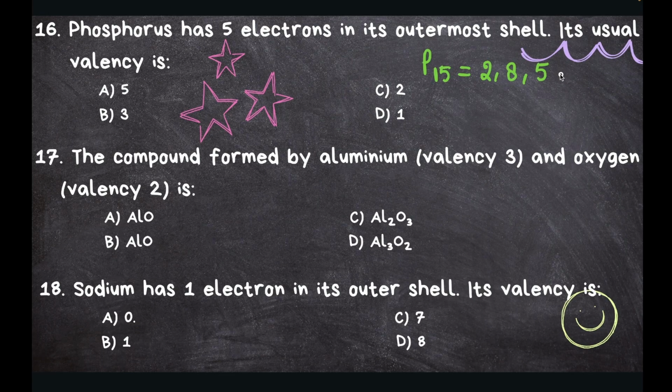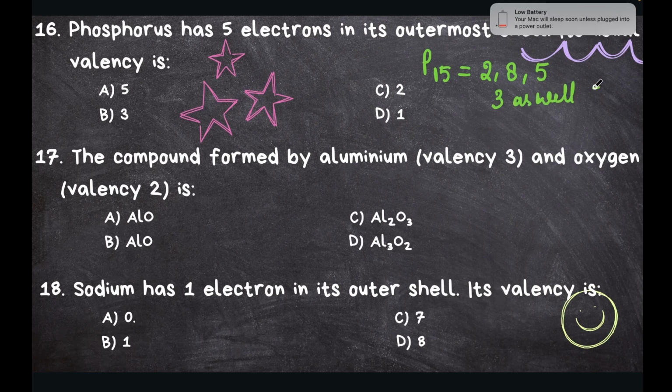So it shows valency 3 as well as 5, depending on the chemical environment and the compound. So here A and B, both options are correct, because no particular compound has been given in the question.